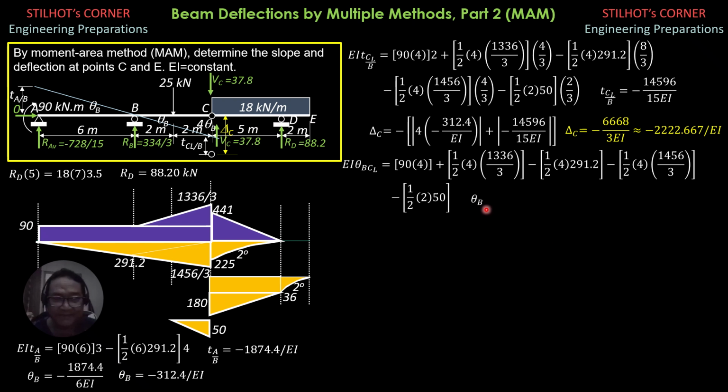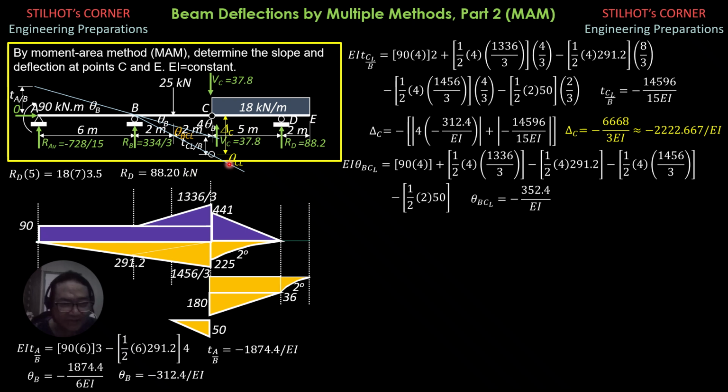And theta BC left is equal to negative 352.4 over EI. That's the angle between the tangent at B and the line through the tangent at C left to B as shown.